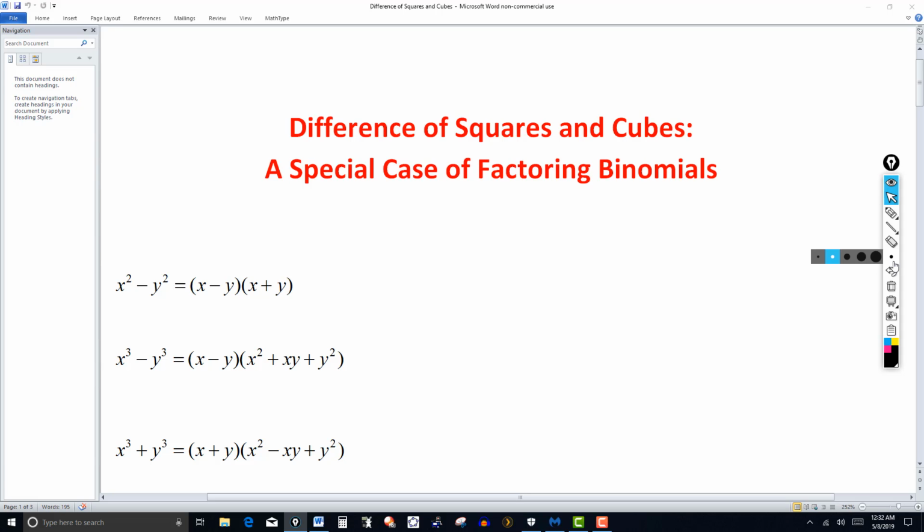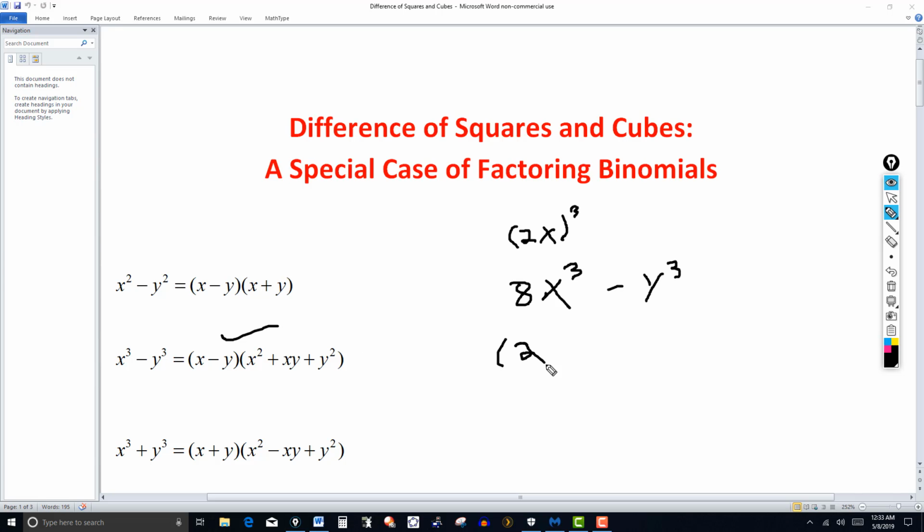So as a basic example here, we can look at, say, 8x cubed minus y to the third. 8x cubed is a cube because that's the same thing as 2x to the third. So the cube root of 8x to the third would be 2x. According to this formula right here, the first factor should be the cube root of 8x to the third, which I said is 2x, minus the cube root of y, which would be y.